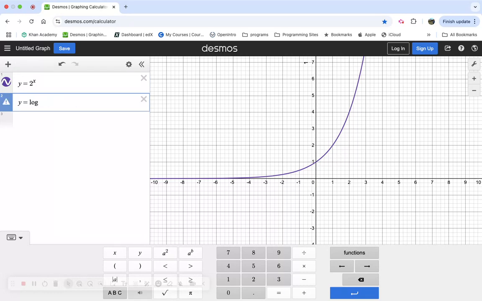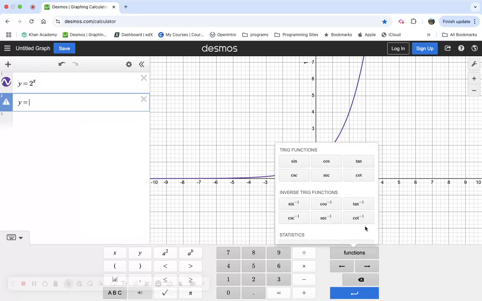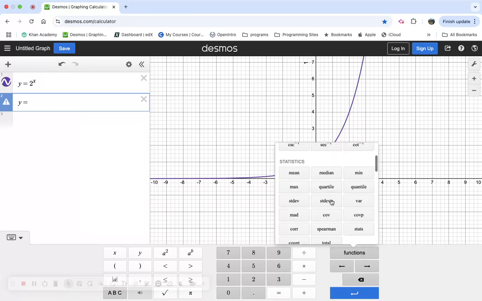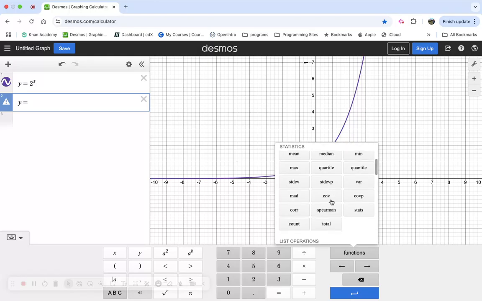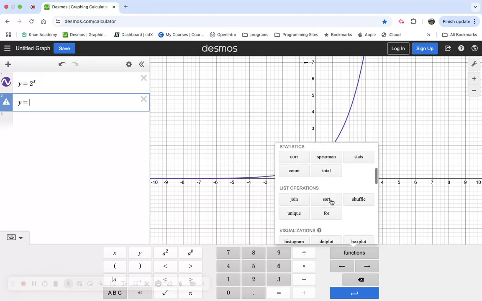Let's see if it'll do a base for me. I can't remember how this works. Log, maybe not. Let me look at functions here. Probably should have researched this before I began.